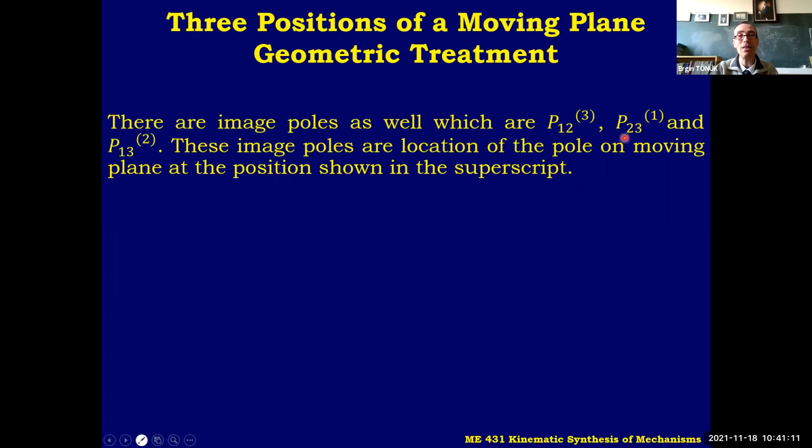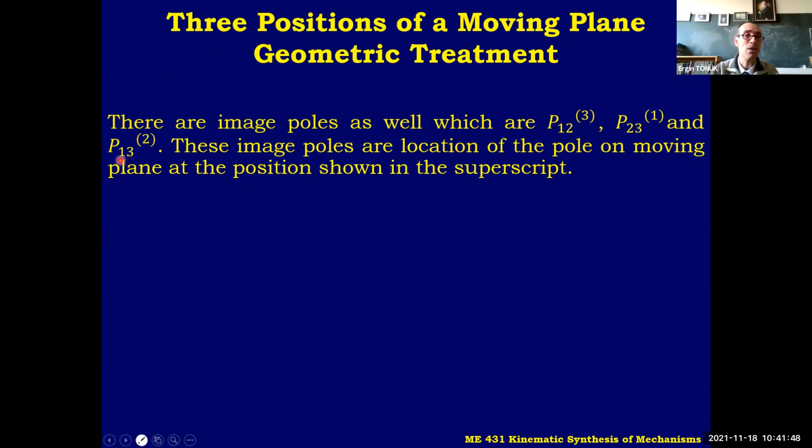If it's okay, we have two more image poles, for example, P23. So it rotates about point P23 from position 2 to 3. But if you move the body into position 1, the location of this point on the moving plane moves to this position, which is another position. And as you see, again, none of these three numbers are the same. Okay?